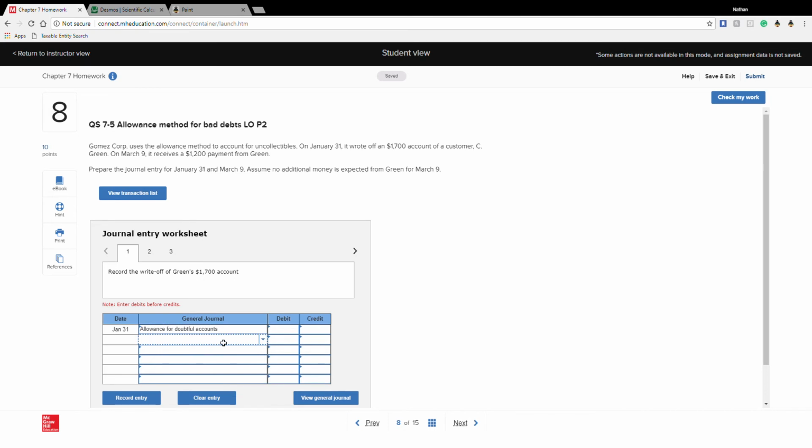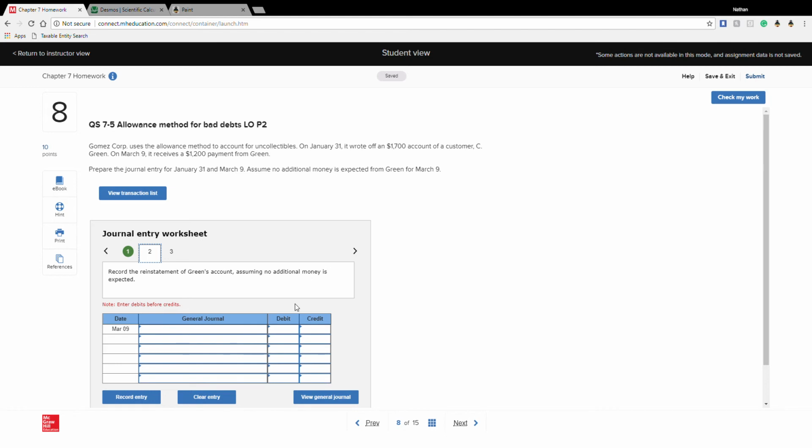The only time we use bad debt expense in the allowance method is to set up the allowance account. So again, make sure you hit the accounts receivable, not the payable. Remember, they owe us. We're forgiving that. So he had 1,700. Okay. So there we go. We got that one. Let's move on to number 2.